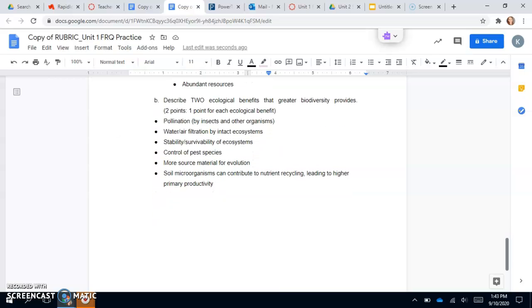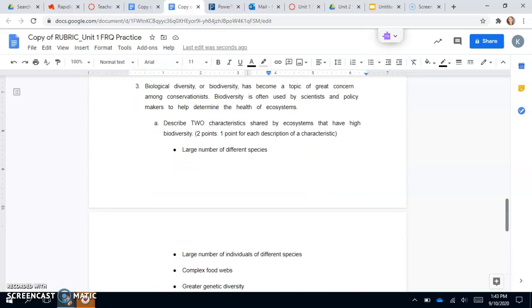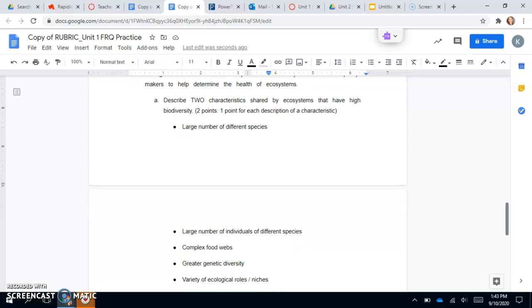You do want a description of these things. For this first one, we have a large number of different species. Since we're describing them, you would maybe use an example like a rainforest. You would say a rainforest has a high biodiversity.